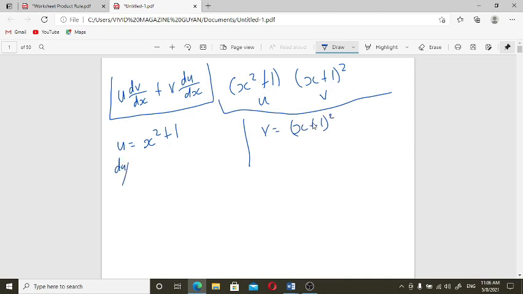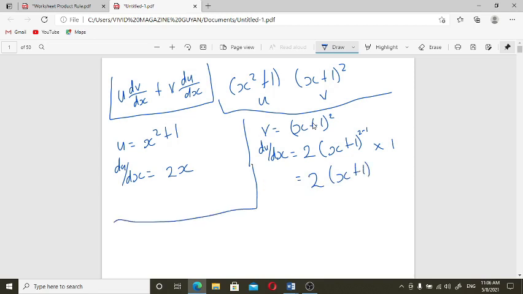So my du dx is going to be 2x and my dv dx is going to be 2, right back the bracket, reduce the powers, this is 2 take 1, times the derivative of what is in the bracket, which is going to be just 1 because it's just x plus 1 there. So 2 times 1 is 2, and you have x plus 1 raised to the first power.